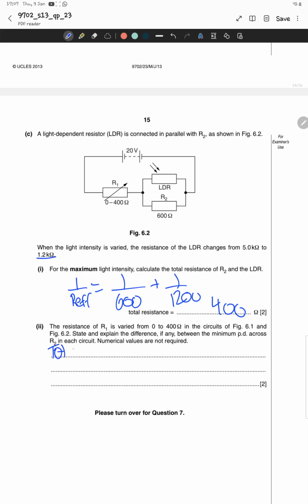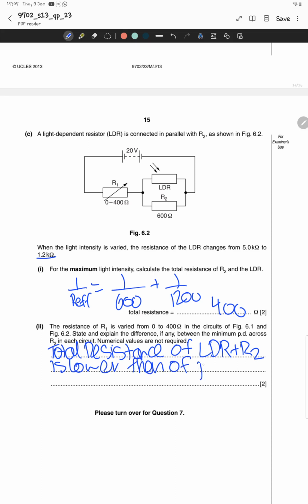The total resistance of LDR plus R2 is lower than that of just R2, because in the first circuit it was just R2, but in the second one it's LDR plus R2. So it's lower than just R2, so the minimum potential difference is also lower.